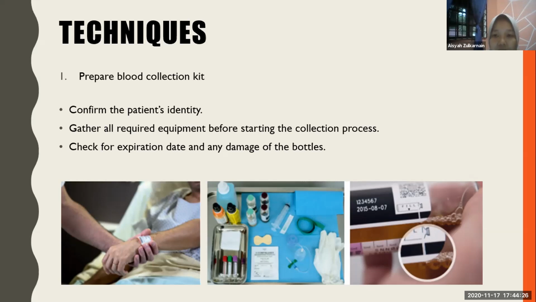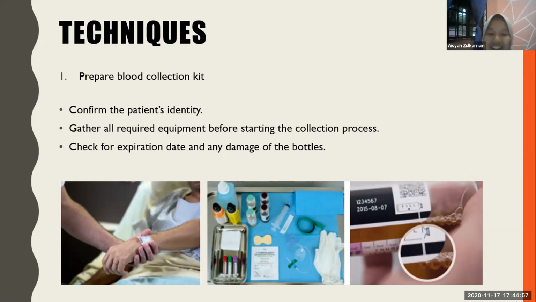And then we position them in a comfortable position and adequately expose their arms, and we can also ask the patient if they have any pain on either of their hands, so that we can avoid doing the procedure at the site where they have pain.